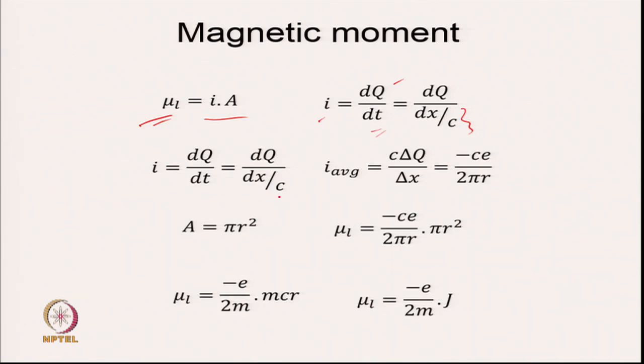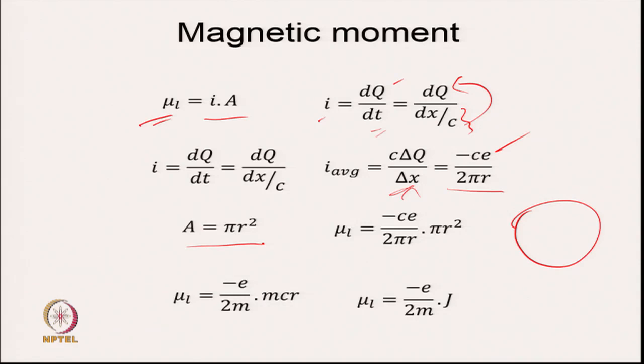And if I want to calculate the average current, then I will simply write c into delta q by delta x, and delta q is e, the charge of the electron, by 2 pi r. So, this delta x is 2 pi r, which is the perimeter of a circle. And A, we know, should be equal to pi r square.